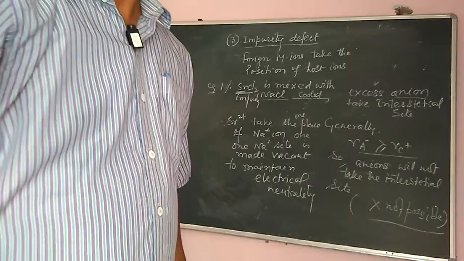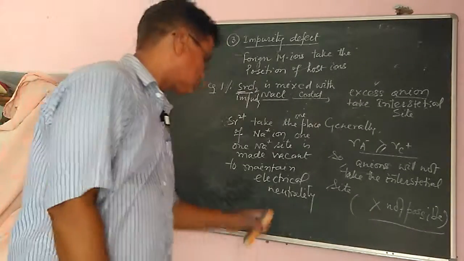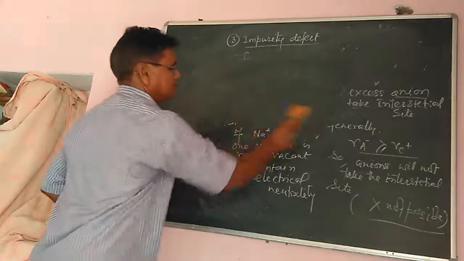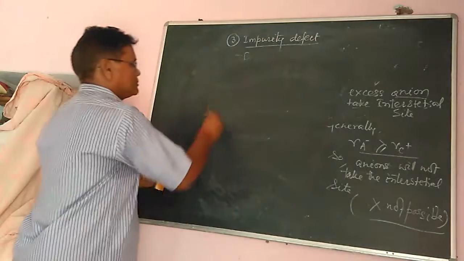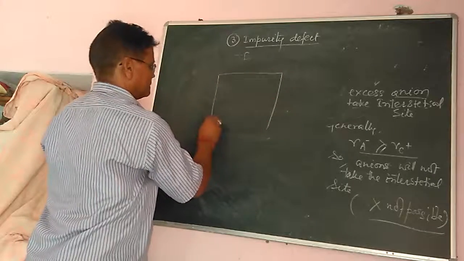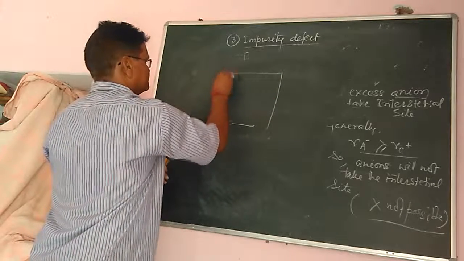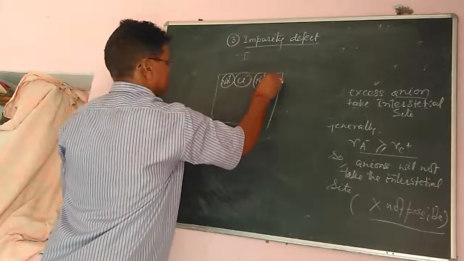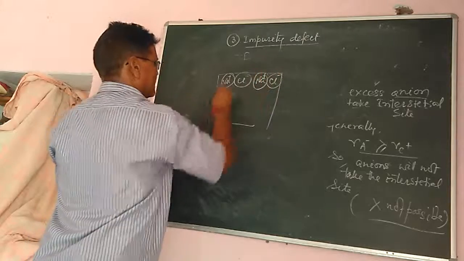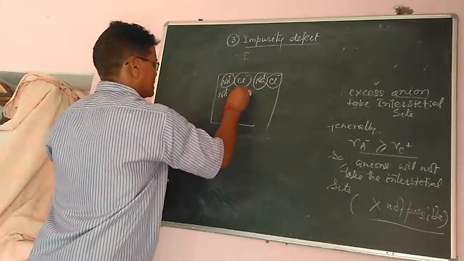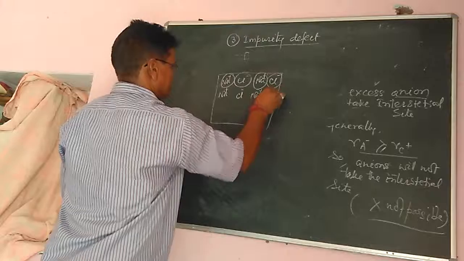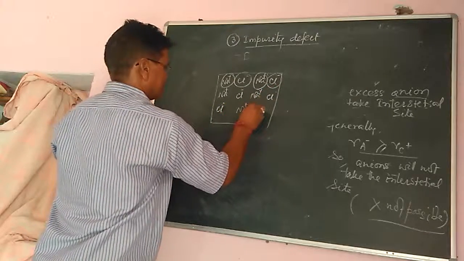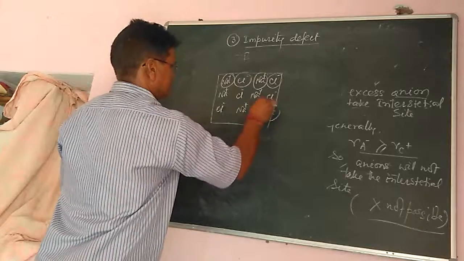I am going to give you the diagram. Suppose Na+ Cl-, Na+ Cl-, Na+ Cl-, Na+ Cl-.